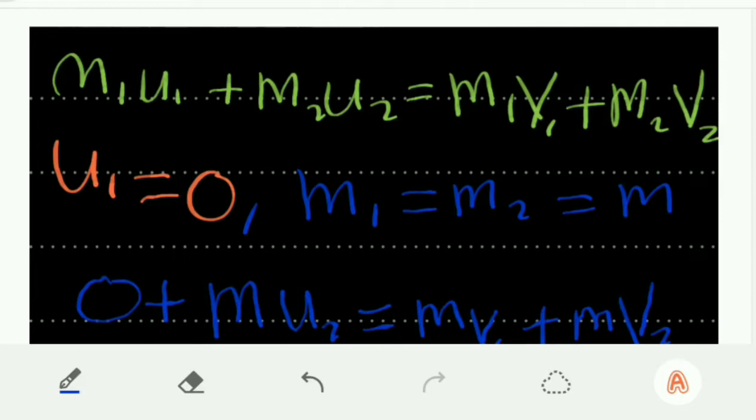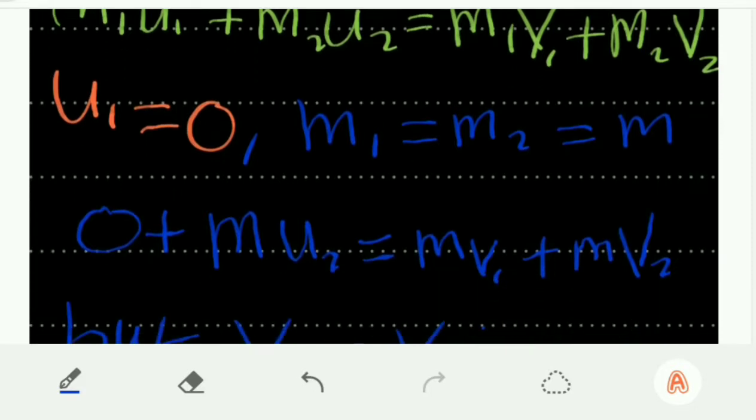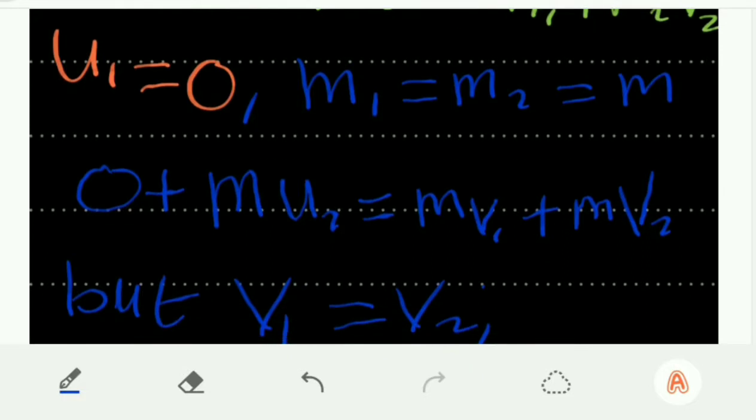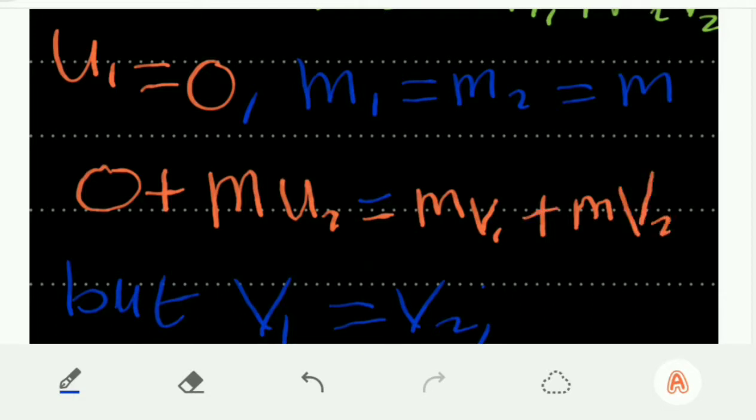So if we rearrange the equation, we are going to have 0 plus m, because it doesn't matter whether it's m2 or m1, it's just m. So now it becomes m u2 equals m v1 plus m v2.